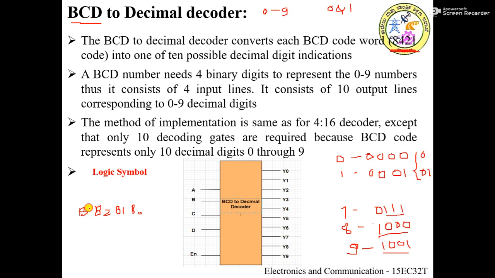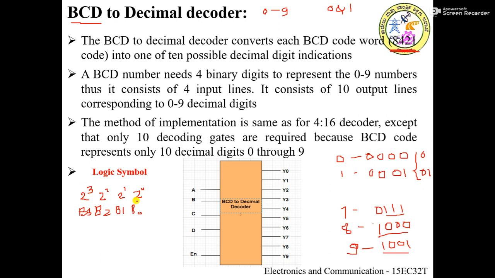Every bit has its own weight. B0 has a weight of 2 to the power of 0. Similarly, B1 has a weight of 2 to the power of 1. B2 has a weight of 2 to the power of 2. And B3 has a weight of 2 to the power of 3.